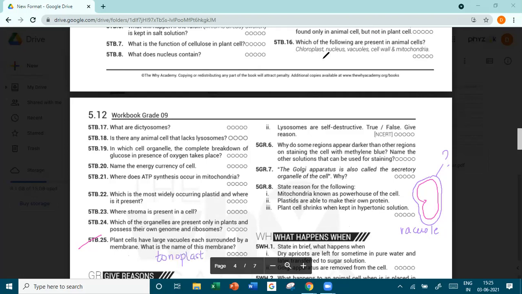Now, do you remember? Does it ring any bells? Yes. Okay. So when we spoke about vacuoles, I had mentioned the name of the membrane is tonoplast. Write it down. I hope you are taking it down, right?